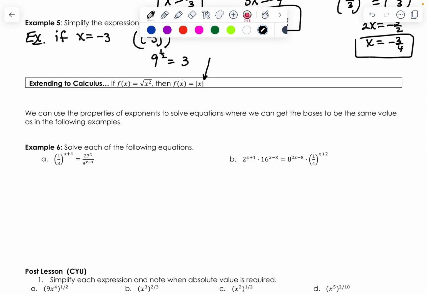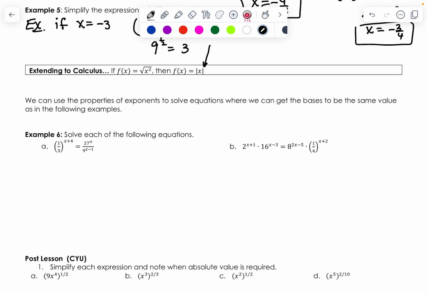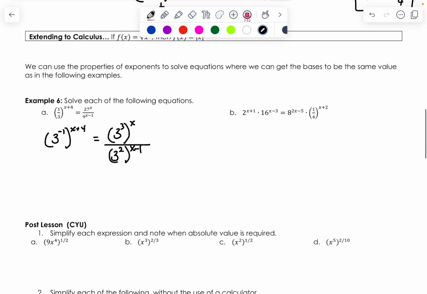All right, so now let's do the equation solving, but we're going to take it up a notch here. So 1/3 is 3 to the negative 1. 27 is 3 cubed. 9 is 3 squared. Now be careful here. This is 3 to the negative x minus 4.